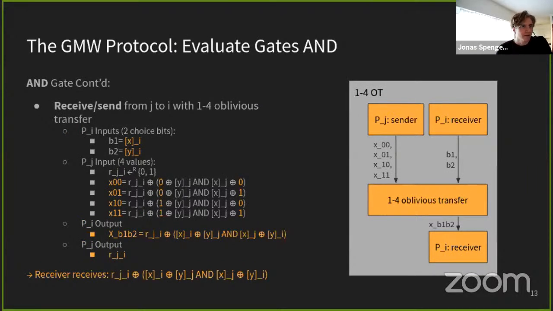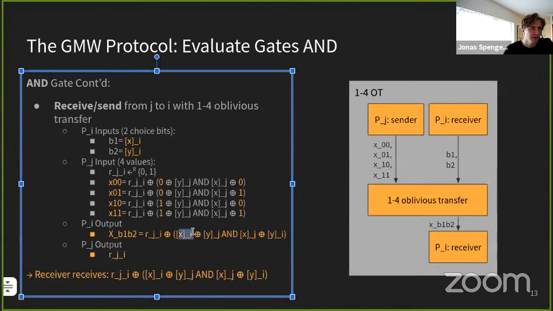Okay, and here I'm hoping it becomes clear now. So please ask questions if it's not becoming clear. But the important part of the protocol is how can the receiver receive some value which is computed by the xi that the receiver doesn't have?